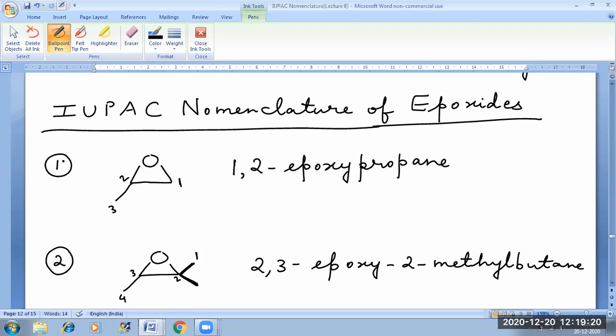So look at the first example. The rules are the same, just number the longest chain. 1, 2, 3. So 3 is the longest chain.